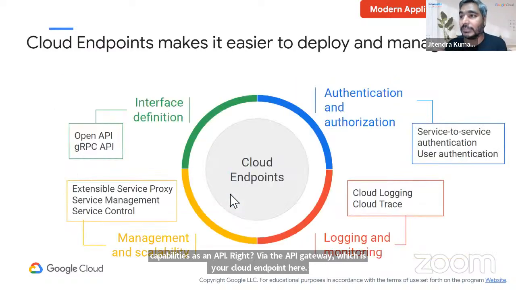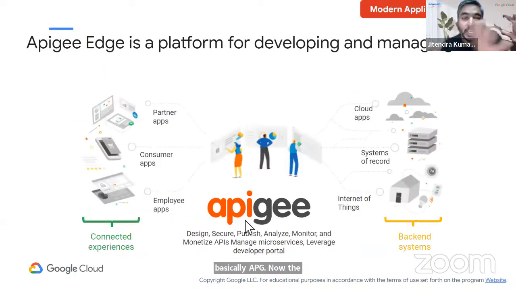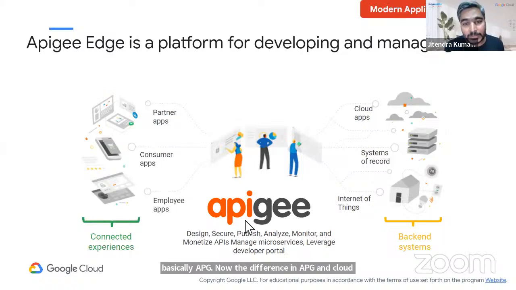And then the other service that we have is basically Apigee. Now the difference between Apigee and Cloud Endpoints is that Cloud Endpoints supports only backend services running in Google Cloud. But what Apigee supports is multi-cloud or hybrid cloud architecture, so that your backend services could be running, maybe a couple of them in Google Cloud, but a few in AWS, a few in Azure, and maybe some in your on-prem data center.